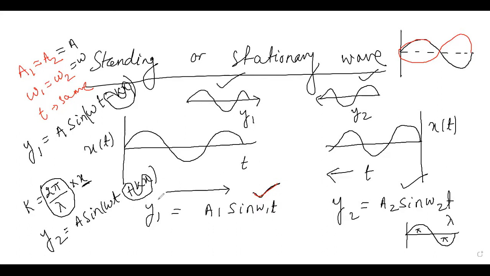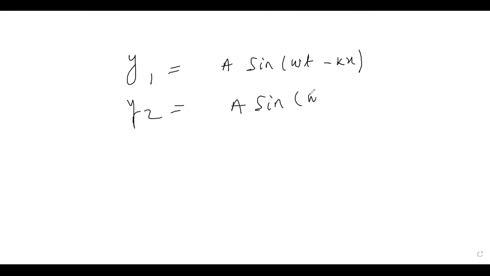Now, to find the superposition of these two waves, let me write the final equations: y1 is equal to a sine omega t minus kx, and y2 is equal to a sine omega t plus kx.